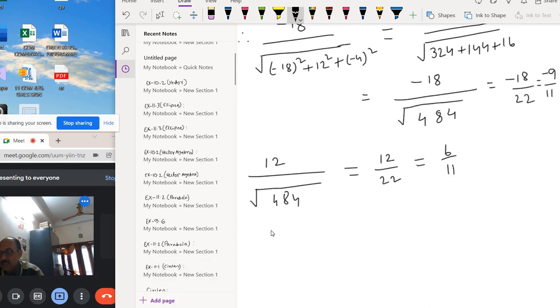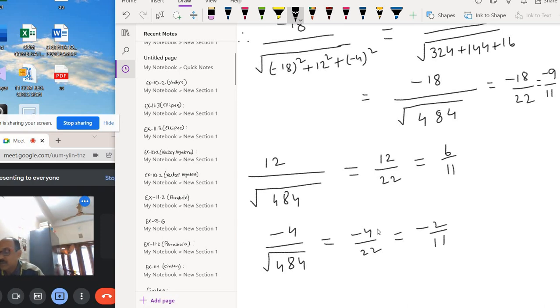And the third one is c by, c is minus 4. Minus 4 by under root 484 equal to minus 4 by 22 equal to minus 2 by 11.